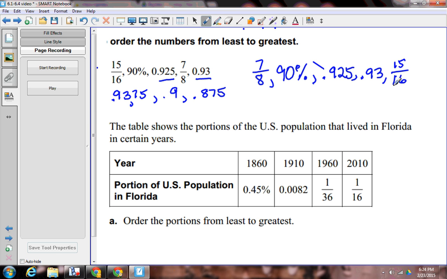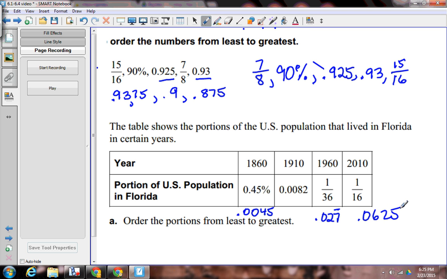Okay, we have to do the same for the population of that part of Florida. So the only ones we really need to change are, we're going to change 0.45% into a decimal. So it's 0.0045. 1910 is already as a decimal. 1/36 is 0.027 repeating, and 1/16 is 0.0625.